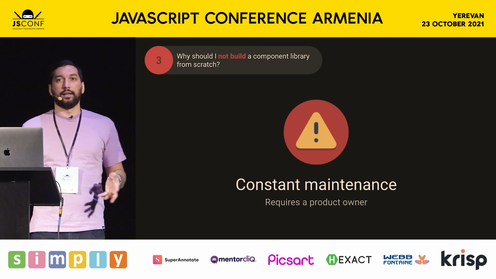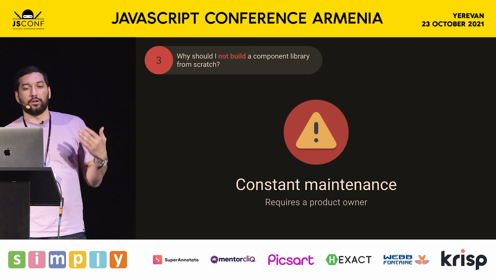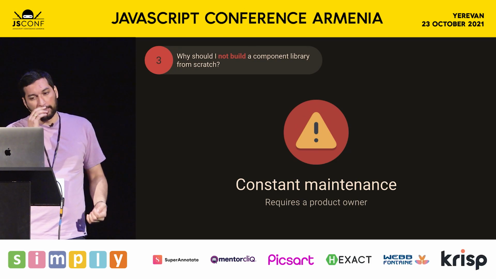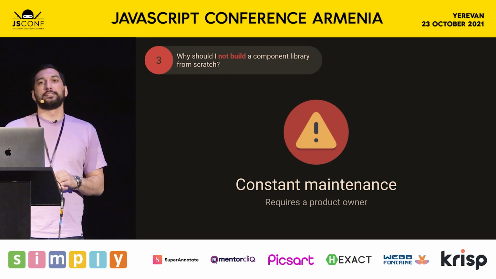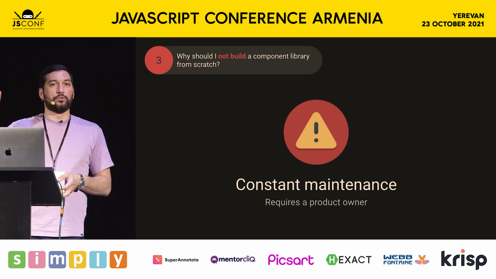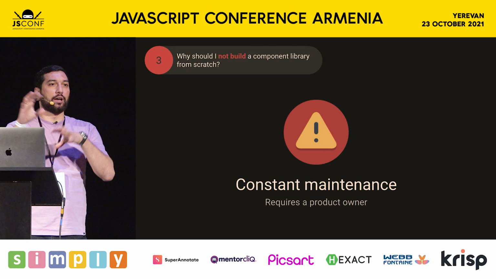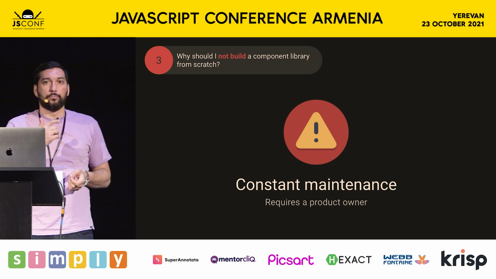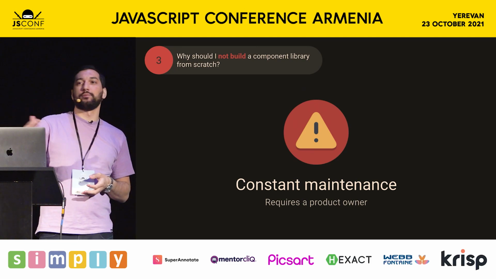So another thing, and that's pretty much a given, is you need constant maintenance. If you develop a custom component library, chances are it's going to be more than 100 components. It could be 200, maybe a few hundred, depending on how you measure small and big components and how you compose them. And the component library itself becomes a product.